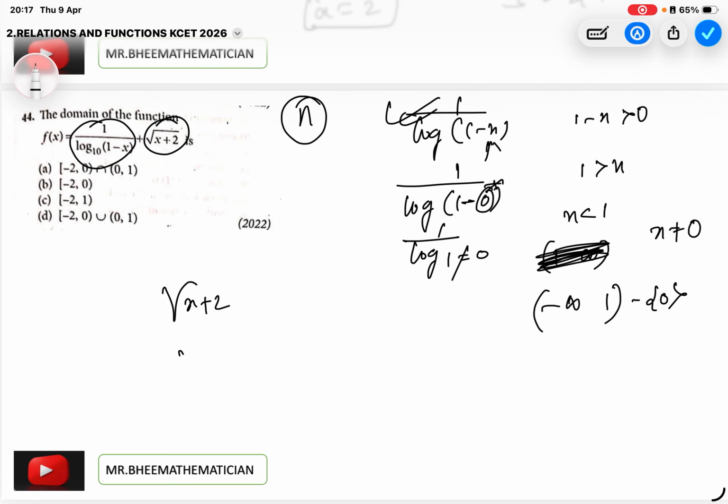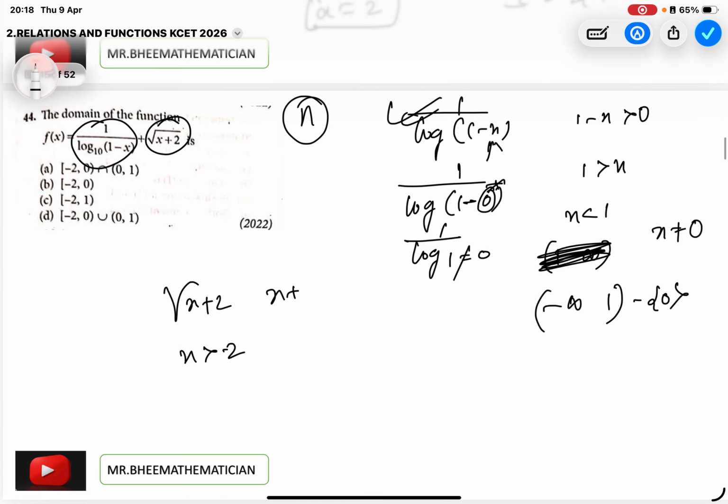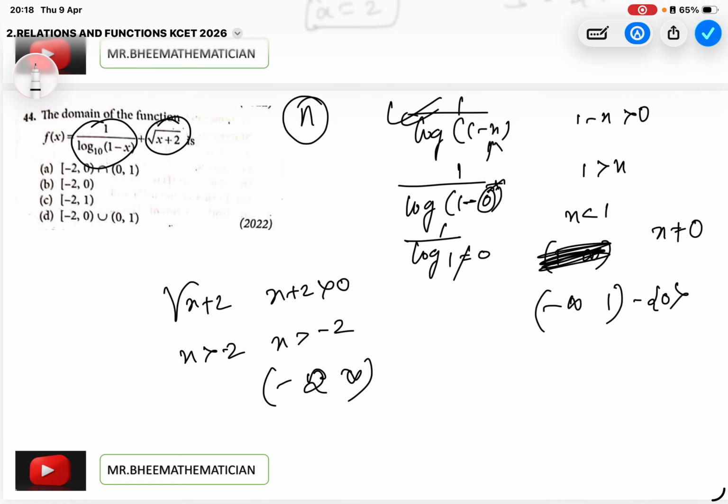And for root of x plus 2, x plus 2 is greater than 0, so x is greater than minus 2, minus 2 to infinity. This is the solution. Less than 1, this is 1, this is minus 2. Less than 1 means open, and greater than minus 2.